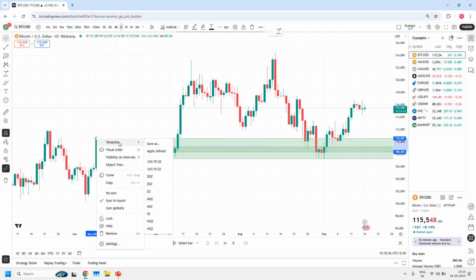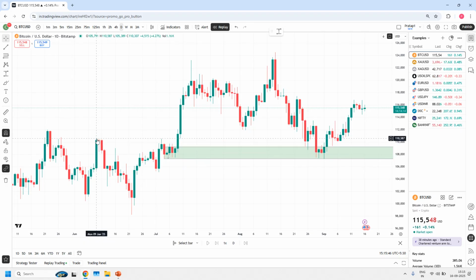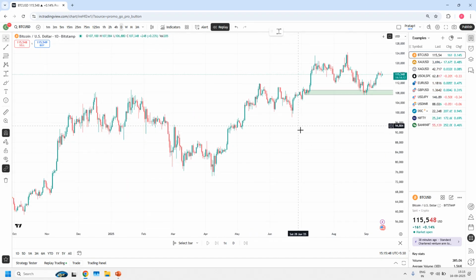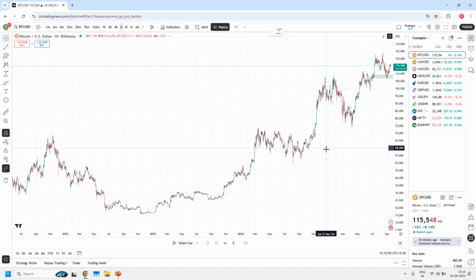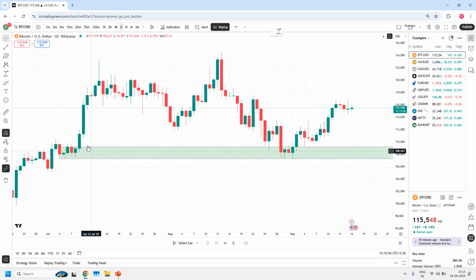Here you have a supply zone. While this zone is created, the supply zone is completely violated. So that's why it got the zone achievement. Because it got the zone achievement, it is a tradable zone.